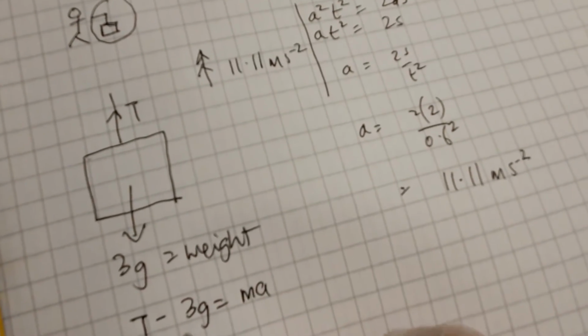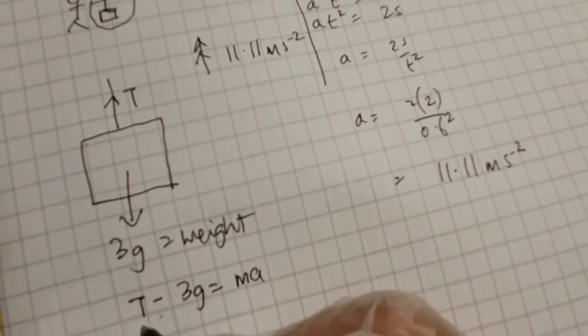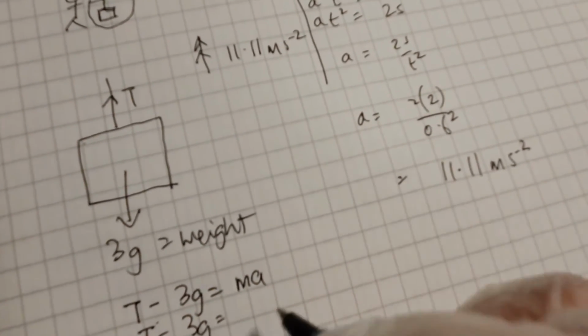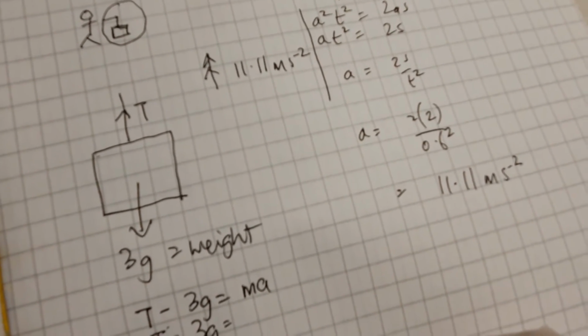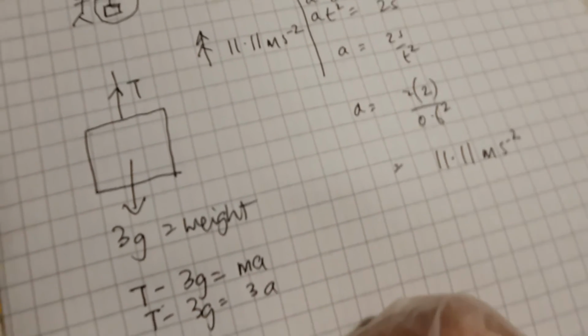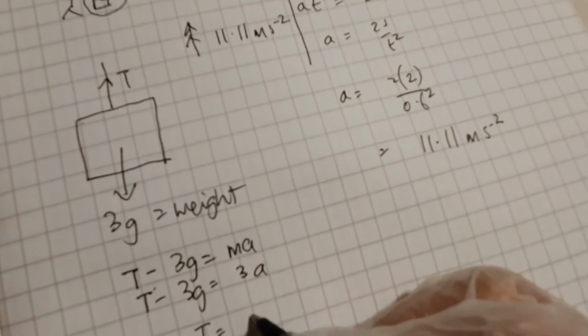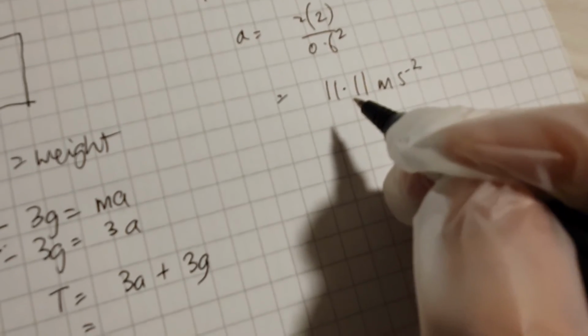So it's the tension minus the weight. So T minus 3G is equal to MA, but what's M? M is 3. So T minus 3G equals 3A. The question's asking for tension. So rearranging this, you get tension equals 3A plus 3G. We worked out what A was. A was this one, right? 11.11.